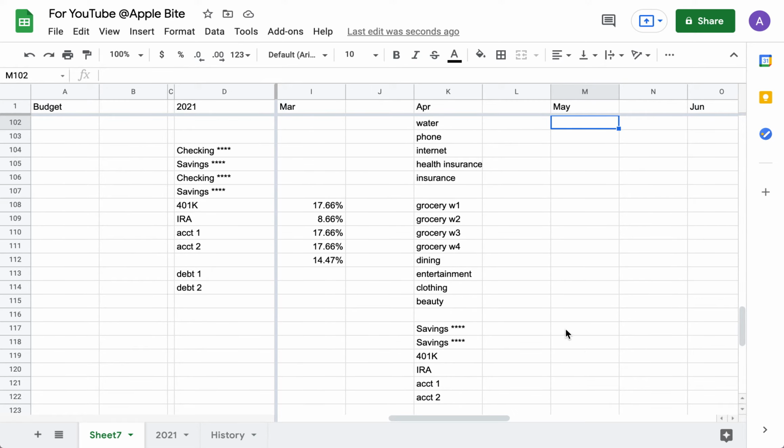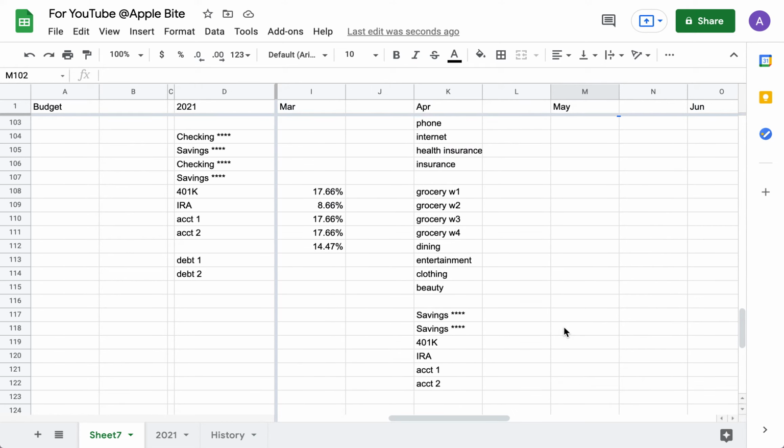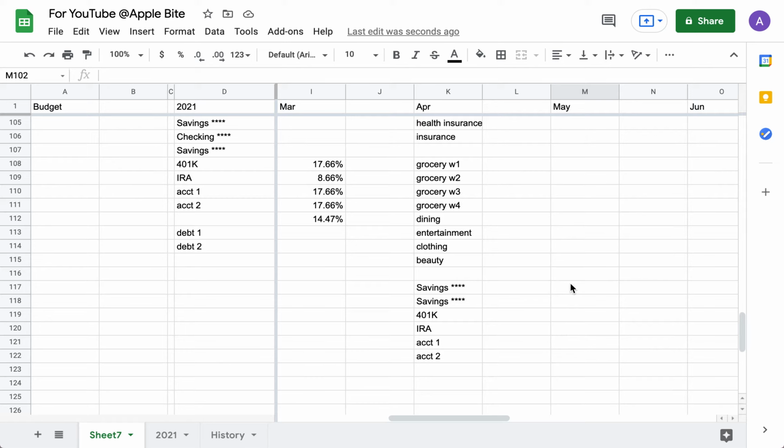And it's very important to set aside part of your paychecks slash income for savings and retirement accounts.